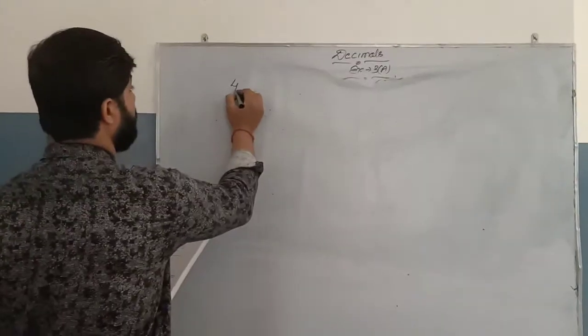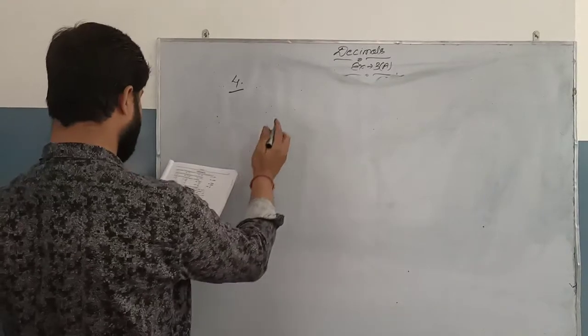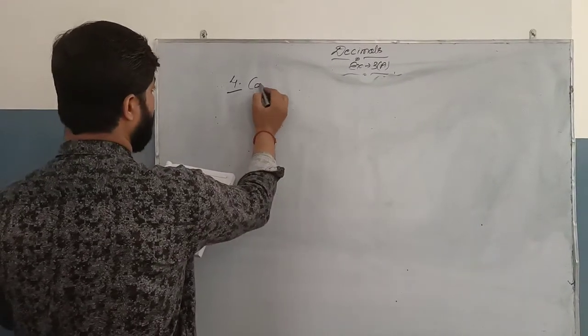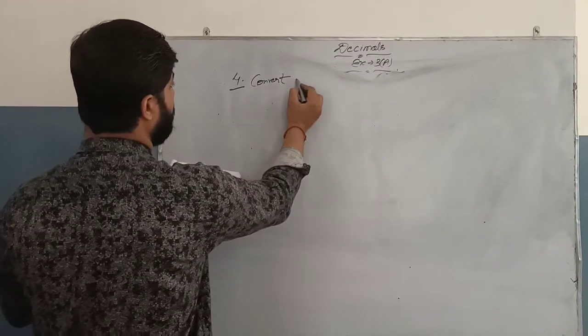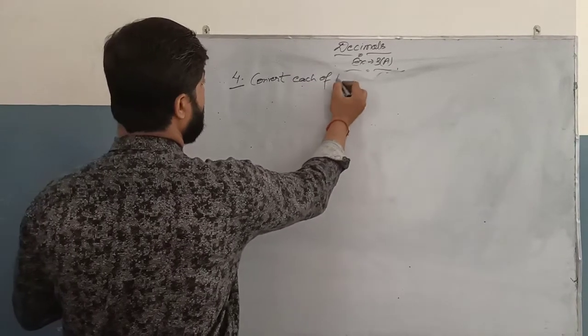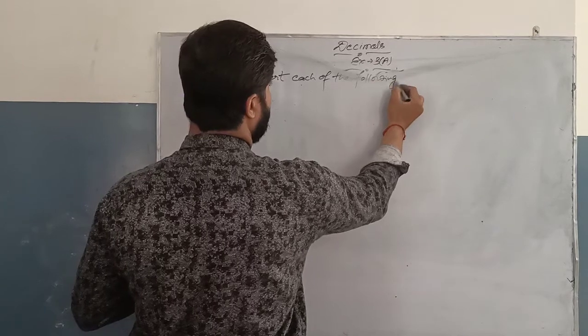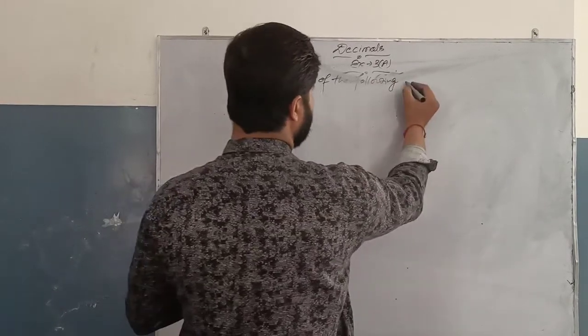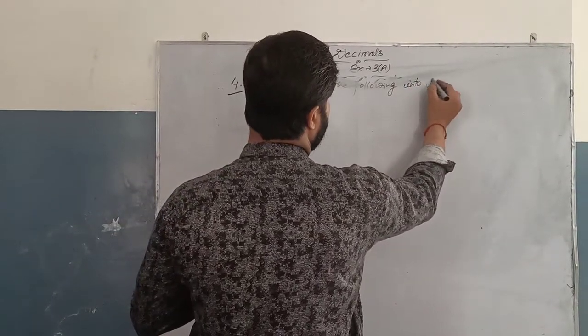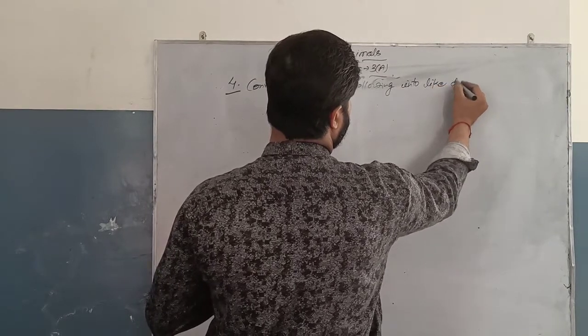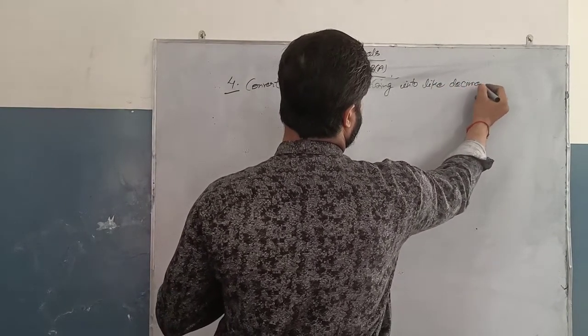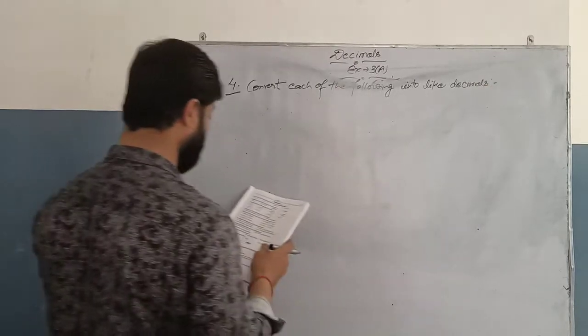Question number 4 says, convert each of the following into like decimals.